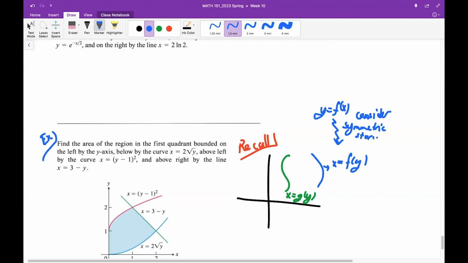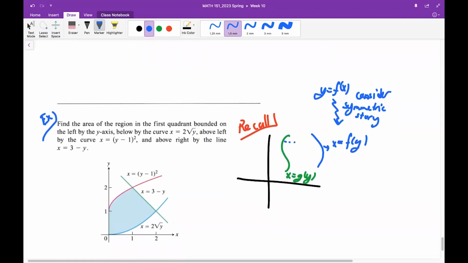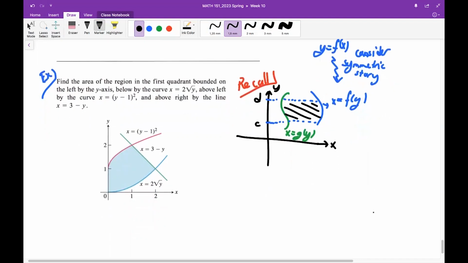This means that we just change the roles of x and y. And we want to compute the area between these 2 curves. So I want to compute this shaded area now. The boundaries will come from the y-axis, not x, but y. We completely consider the symmetric story. So this shaded area can be computed by a definite integral, which will be computed in terms of not x, but y, okay?